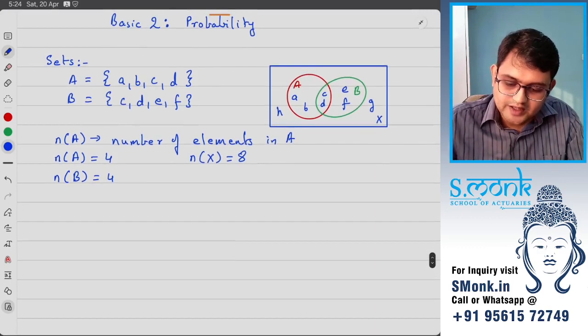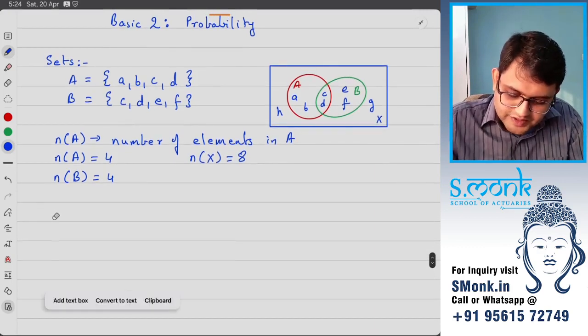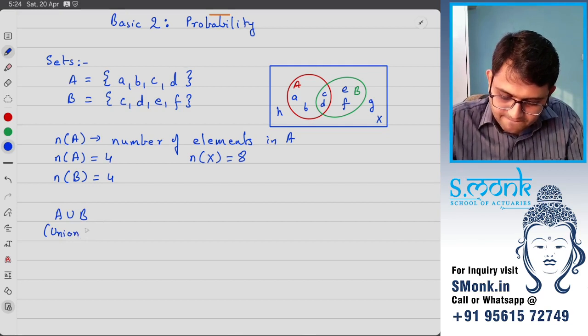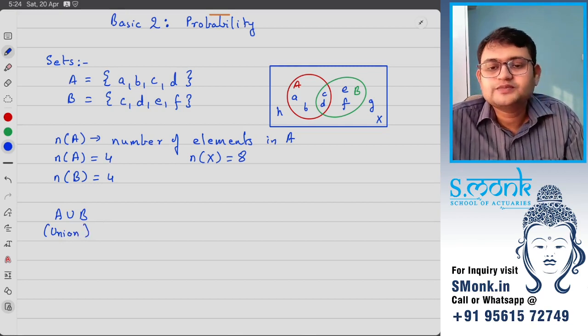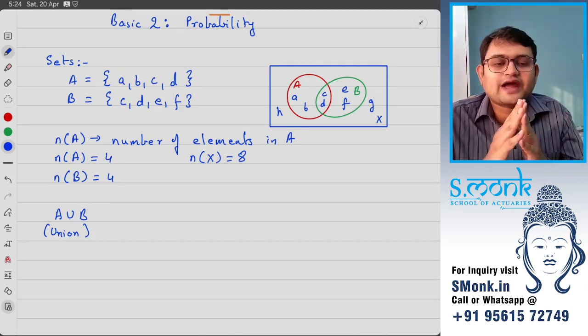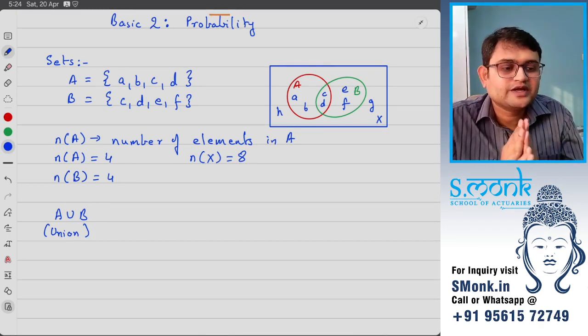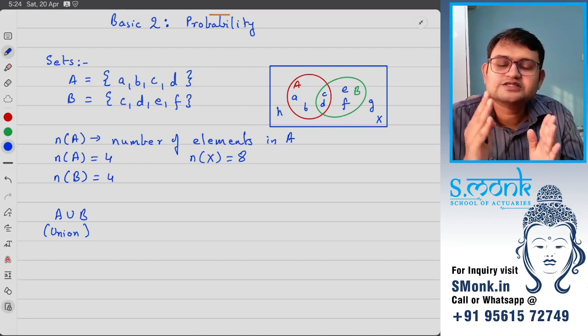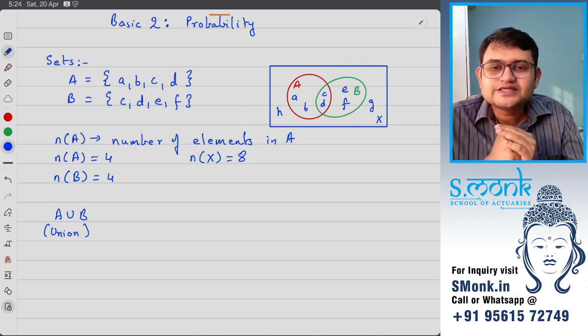Okay. Then we say something called a union. I'll say A union B. This is called a union. Union means or. When we are talking about statements, mathematical statements can be directly translated into English statements.